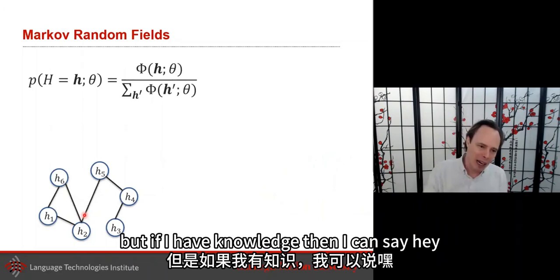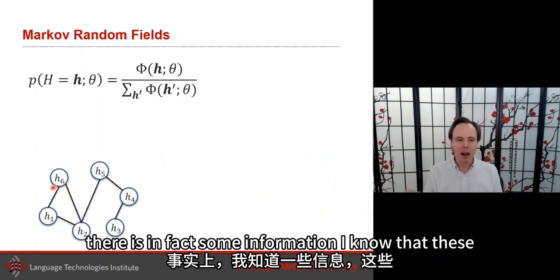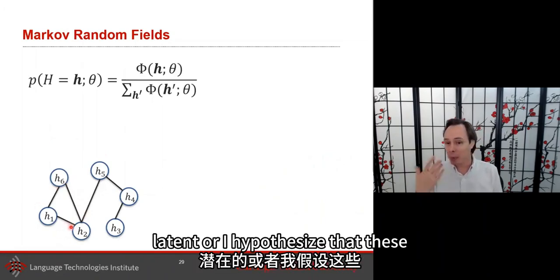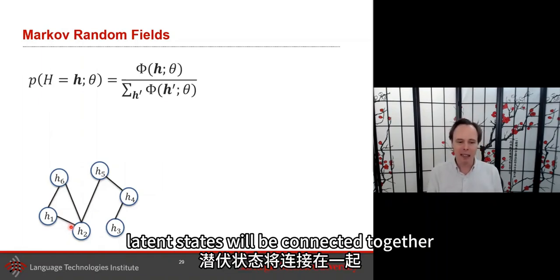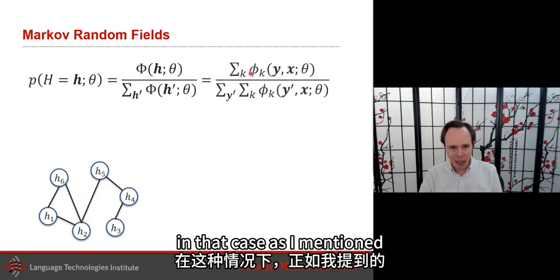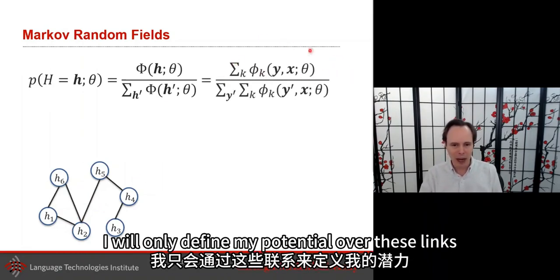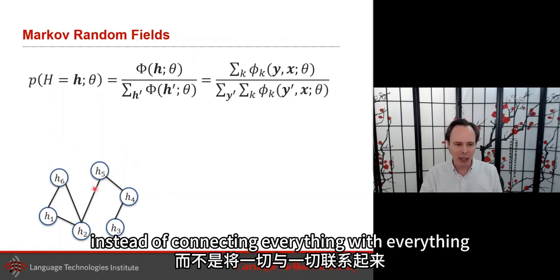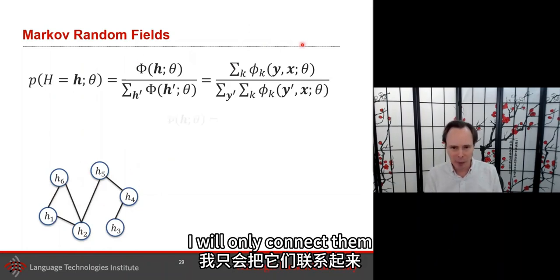But if I have knowledge, then I can say, hey, there is in fact some information. I know, or I hypothesize, that these latent states will be connected together. In that case, I will only define my potential over these links. Instead of connecting everything with everything, I will only connect those.